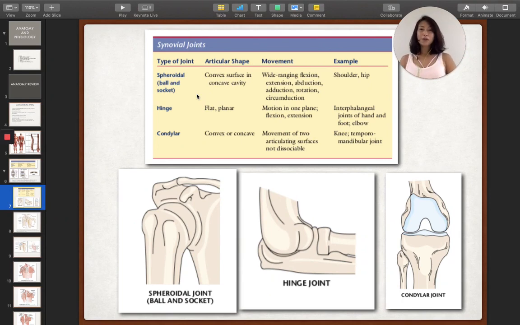This type of joint has a convex surface, which means it's like a globe, and it has a concave. So it's a convex surface that locates in a concave cavity.